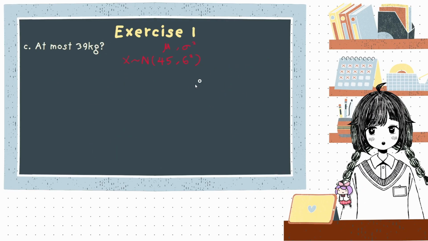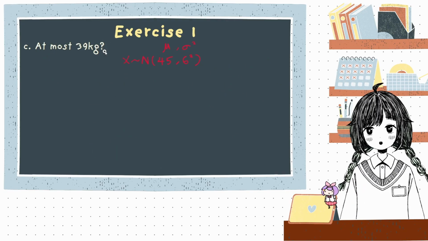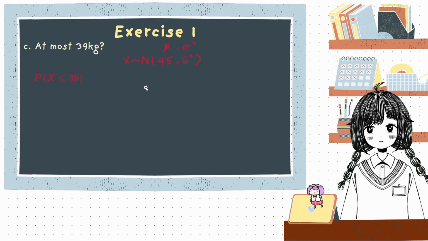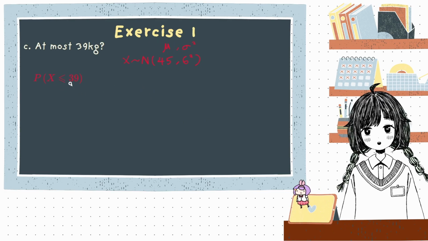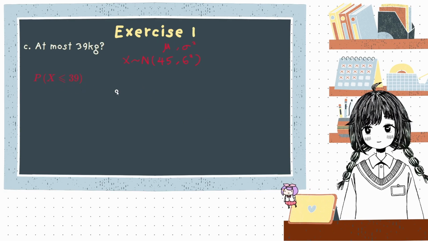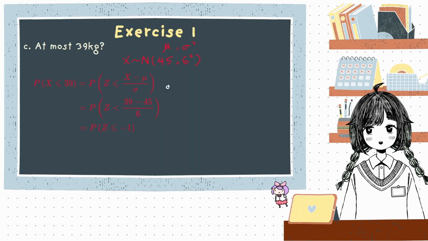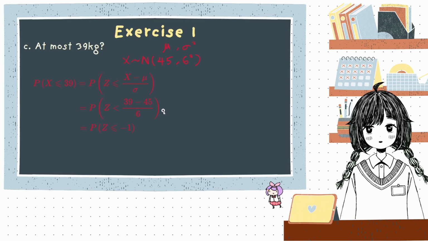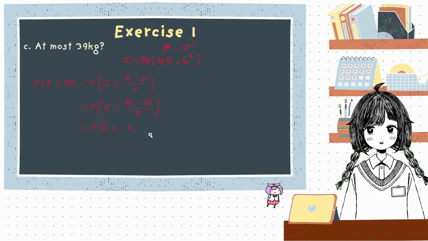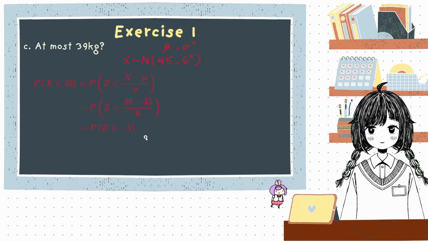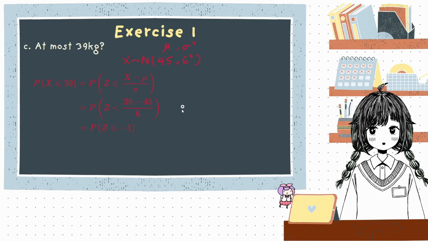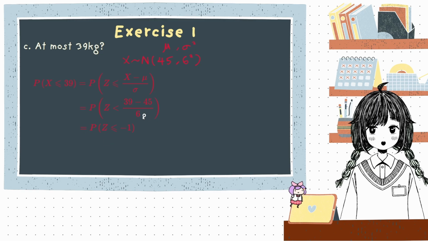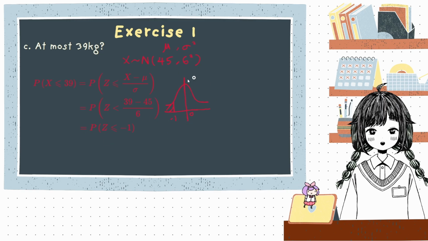Next question, C is at most 39 kg. At most means less than or equal to 39. Solve it like usual and we get the probability z less than or equal to -1. So the standard normal distribution according to this will look like this.